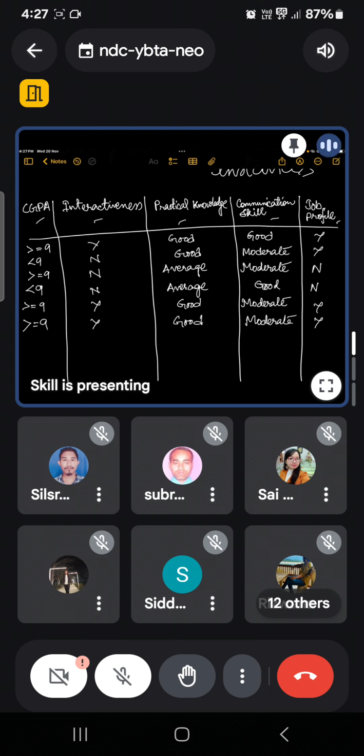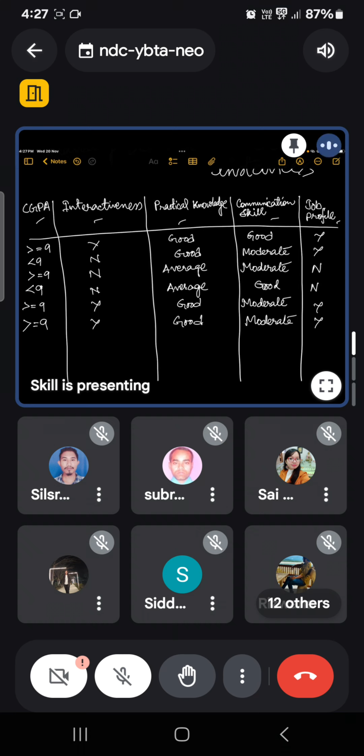The second one has CGPA less than 9, interactiveness is no, practical knowledge is good, communication skill is moderate. Then also job profile is yes.